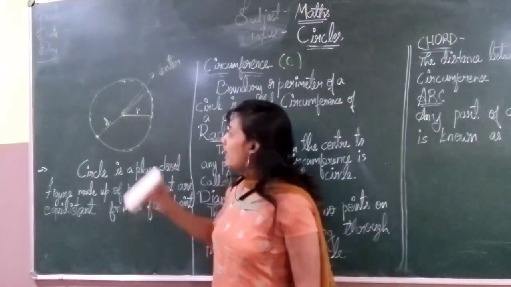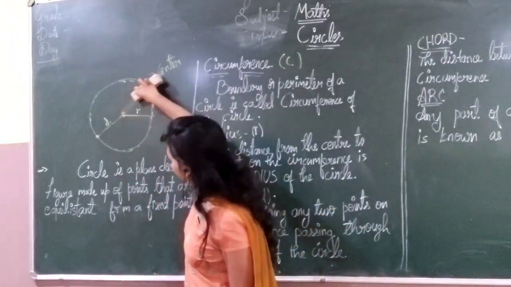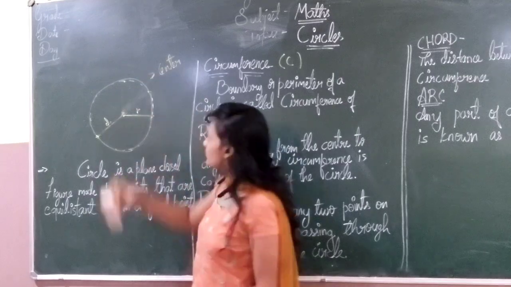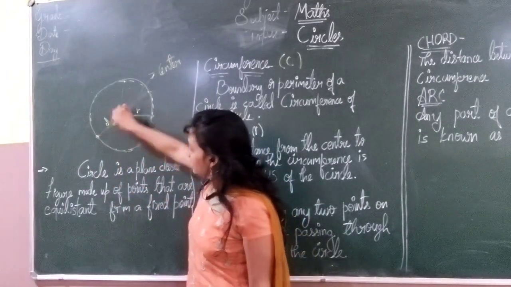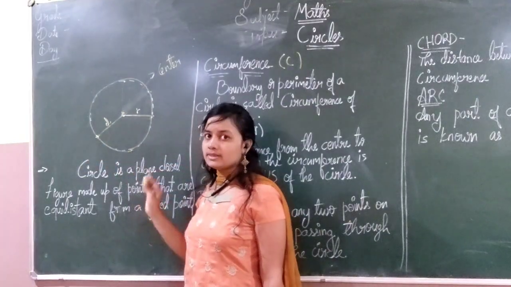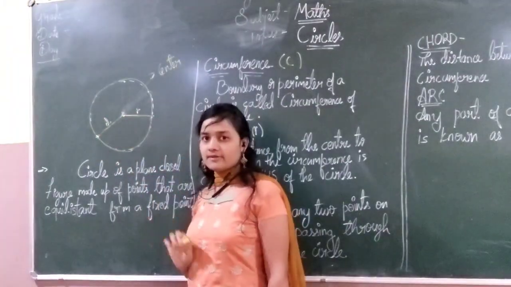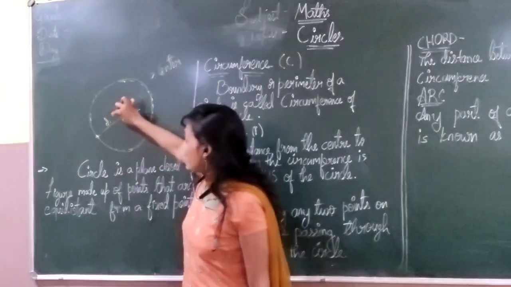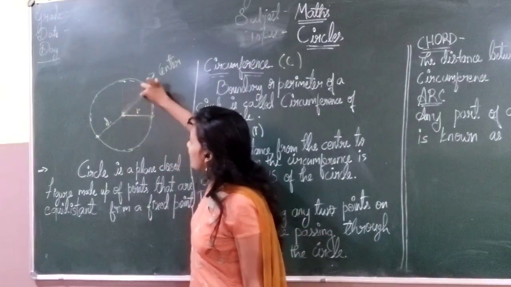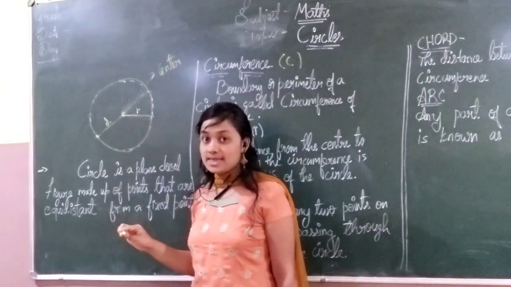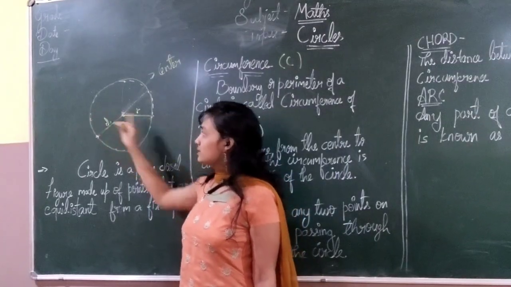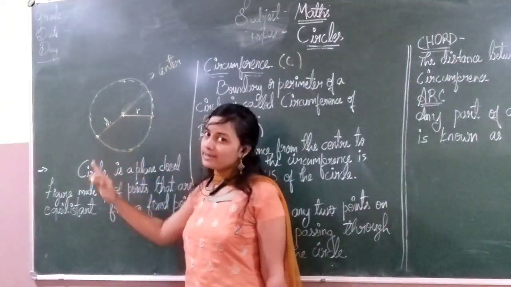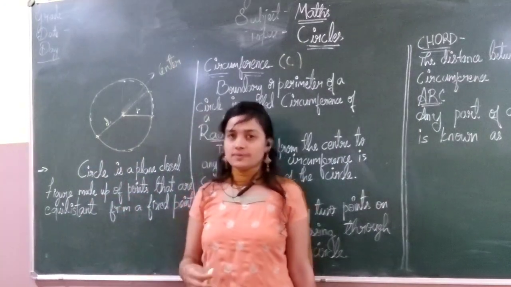So, if I draw half of this diameter, what happens? You can see that is a line drawn from the center to one point. That's nothing but radius, right? Yes. So diameter is twice the radius. Means if I draw radius 2 times in opposite sides here, it becomes diameter.